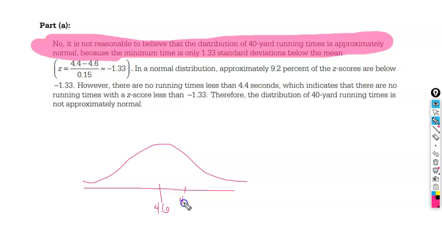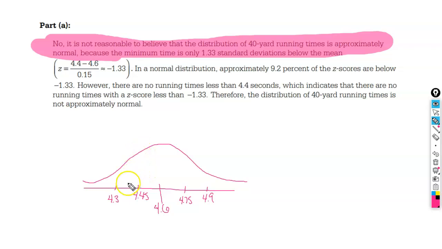So this would be 4.75. This would be 4.9, right? And if we went the other way, this would be 4.45, right? And this would be 4.3.